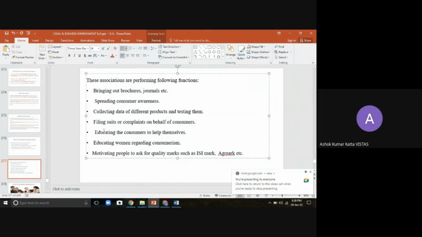Then next, educating consumers to help themselves. These forms are not only helping consumers directly or indirectly, they are guiding you: you need to help yourself. You need not depend on somebody else.